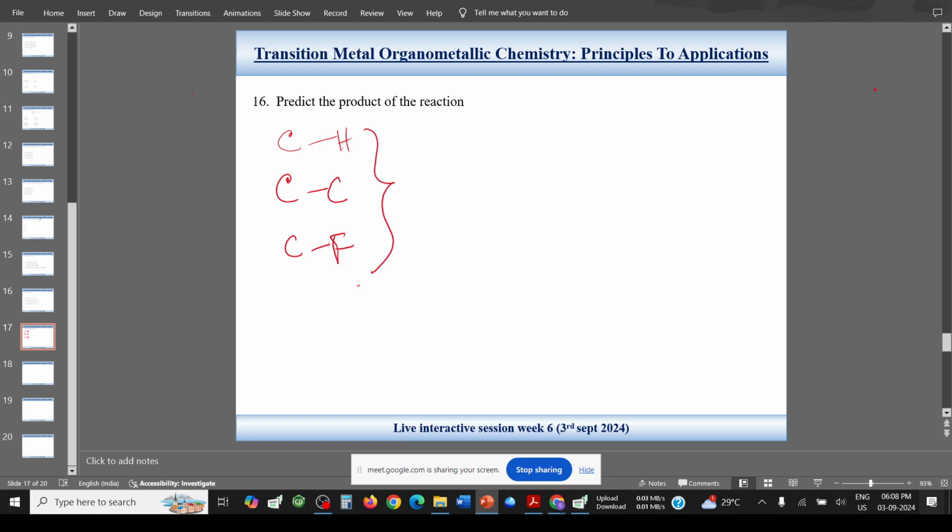So these are called transition metal alkyl complexes.